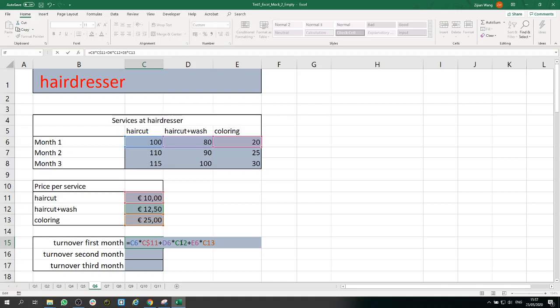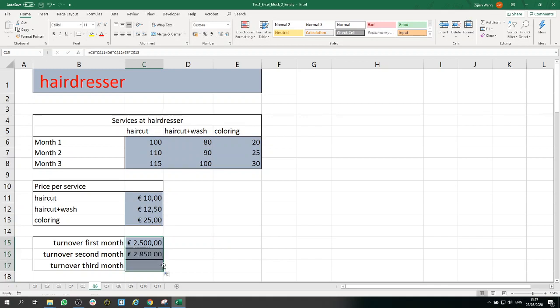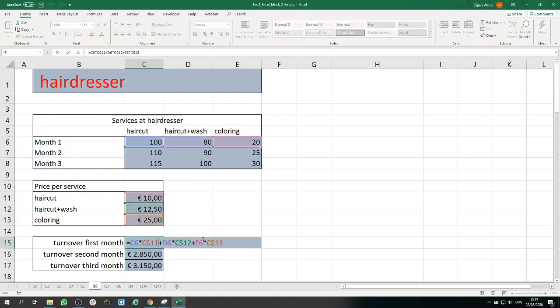The column will not change anyway. That's it. So we can copy those down, and if we compare to the screenshots, this is exactly the same. This formula would be an answer for question 6. Let's move on to question 7.